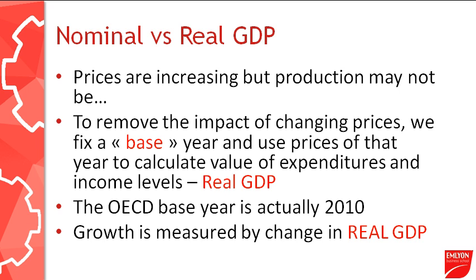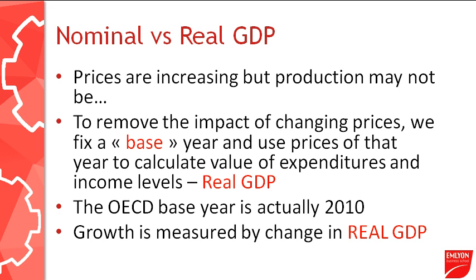To do this, economists basically say we're going to fix a base year and use prices of that year to calculate the value of expenditures. So for example, the OECD currently has a base year of 2010. If the real GDP is going up, it's not because prices are going up, because prices remain fixed at their 2010 level.